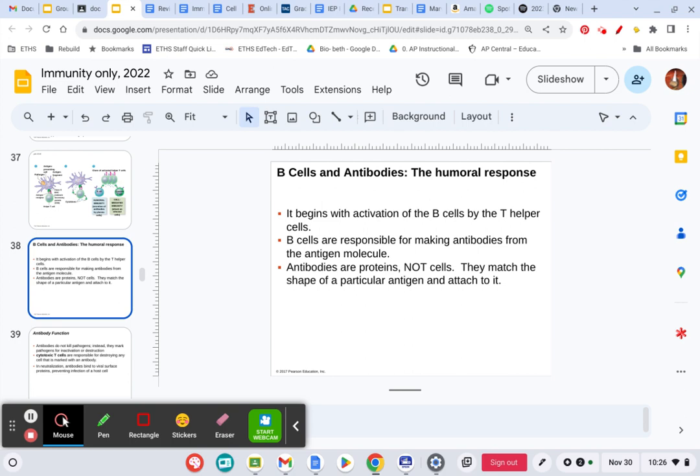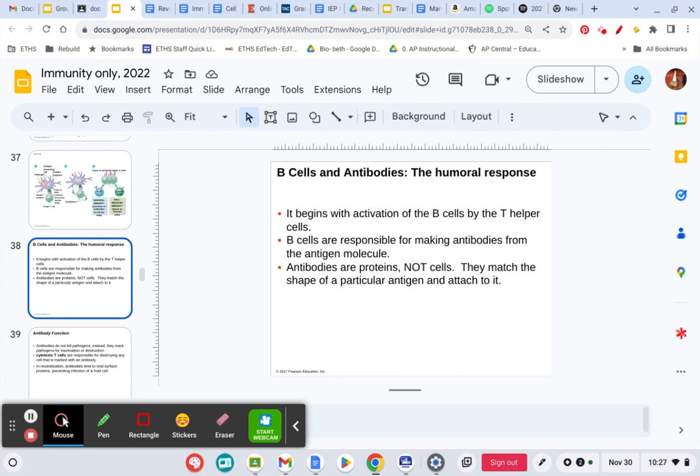That's a good question. So let's start with the humoral response. So B cells, that was the first on our list here. The T helper cells say to the B cells, here's what it looks like. Here's the culprit. Okay. So the B cells are then going to be responsible for making antibodies. Antibodies are proteins.